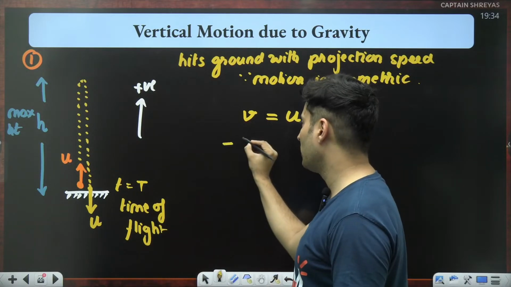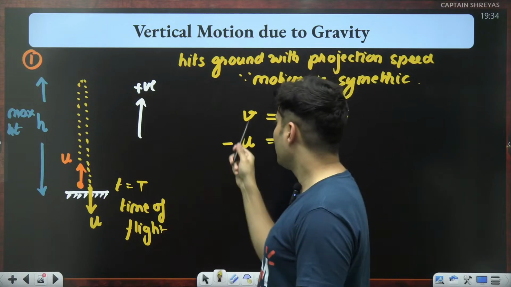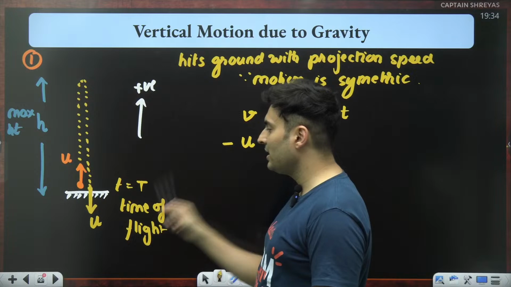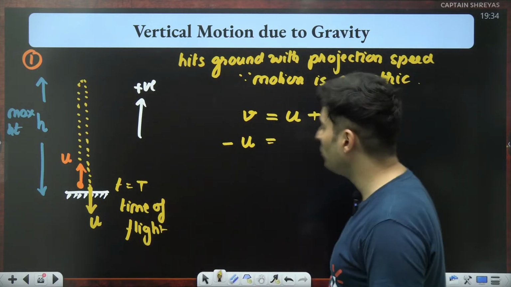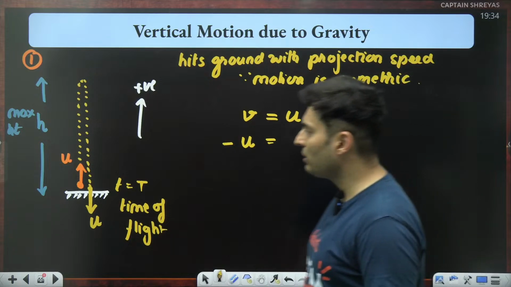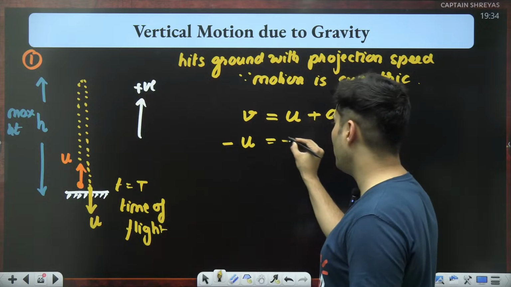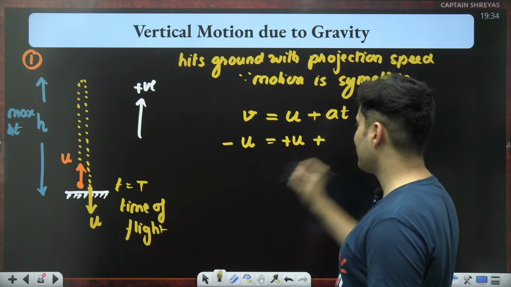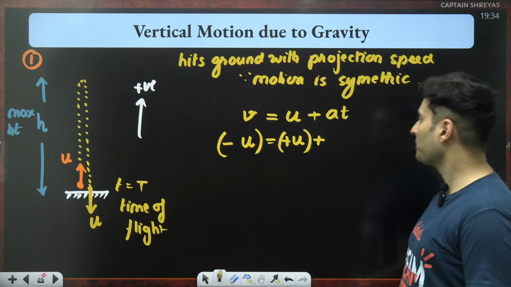So I should put minus u instead of v. See if this makes sense. The magnitude of the final velocity is u, but direction wise it is downwards as compared to upwards. So minus u. Initial velocity has a magnitude of u and it is upwards, so it is going to be plus u. I hope you understood why the minus and the plus signs over here.